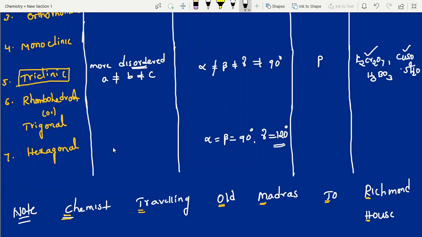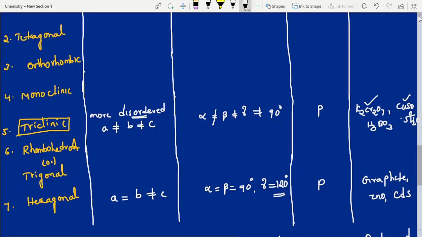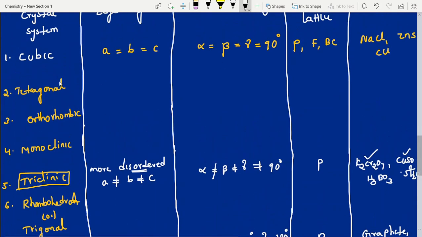Edge length A equal to B not equal to C, only one not equal to C. It exists as primitive. Examples again play an important role: graphite, zinc oxide, cadmium sulfide. These three points we can easily understand and remember. Next, another point. Here tetragonal I have written, orthorhombic I have written.